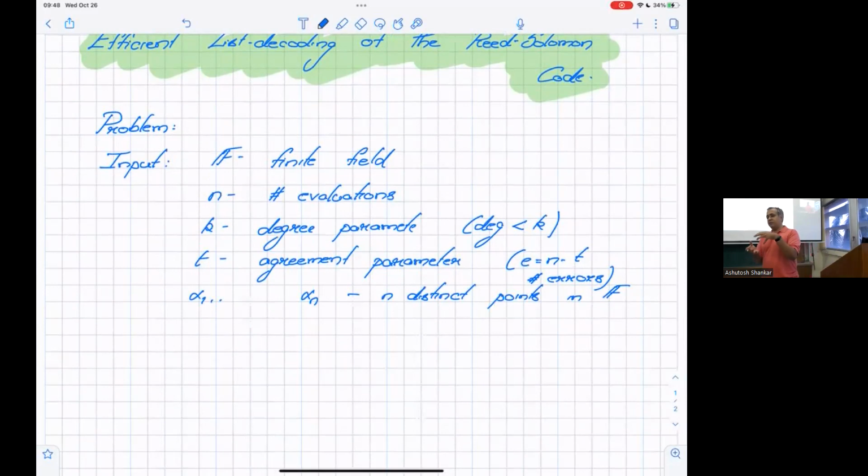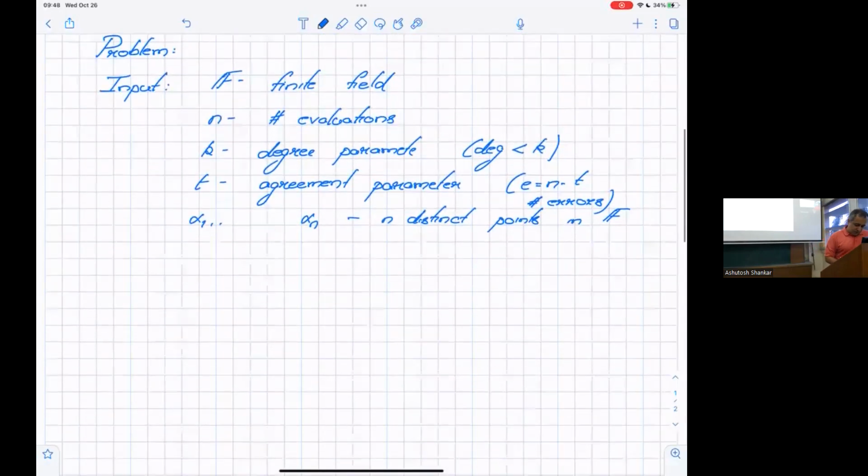That's just a specification of the Reed-Solomon code. Now I have to give a purported received word. What's a received word? It is some r1, r2, through rn at these n locations. To match with the alphas, I'm going to call them beta 1, beta 2, through beta n, which are n field elements, not necessarily distinct.